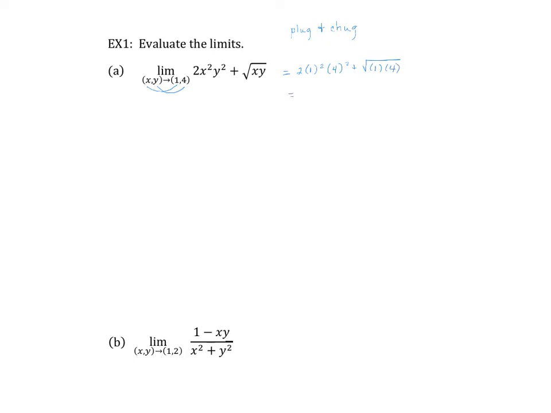So notice this is going to be 2 times 16 plus the square root of 4, which is simply 32 plus 2, or 34. So I put in my x, y value 1, 4. I got a number back. 34 is the limit. So this is best case scenario. Plug and chug.